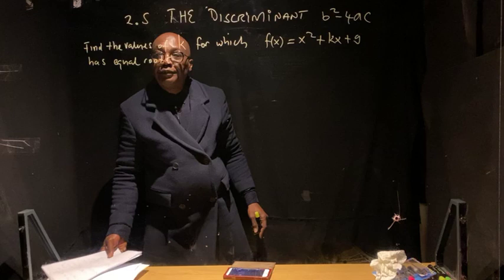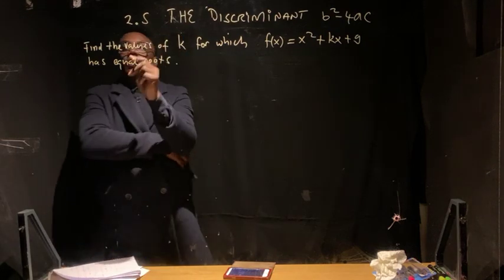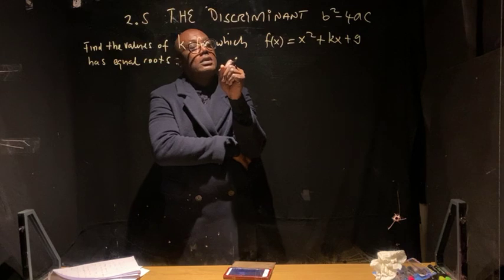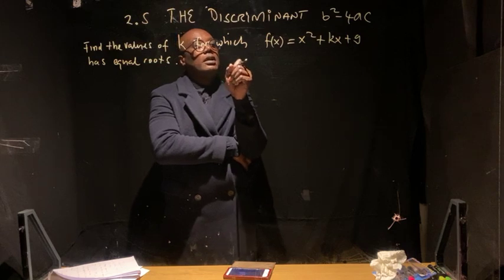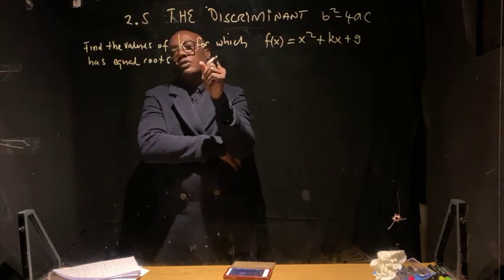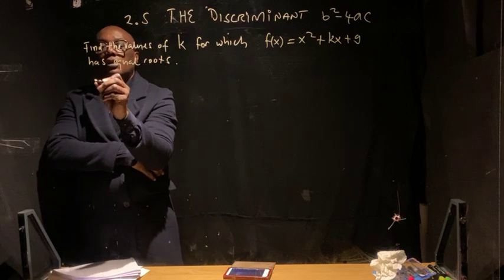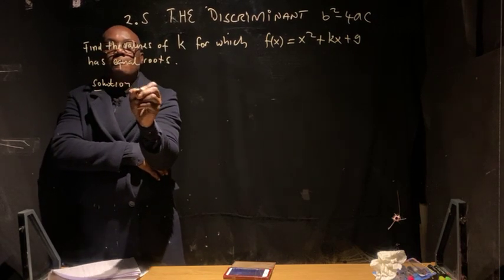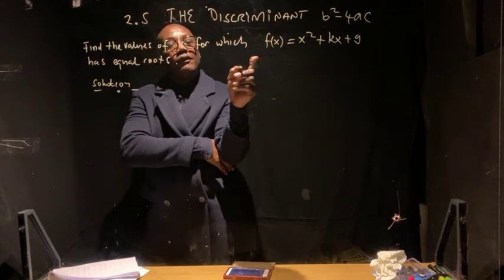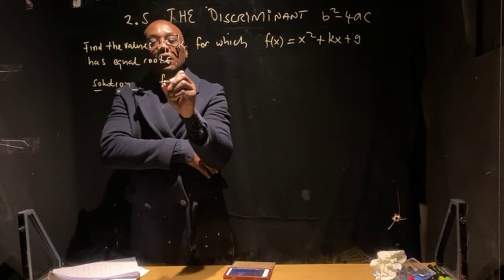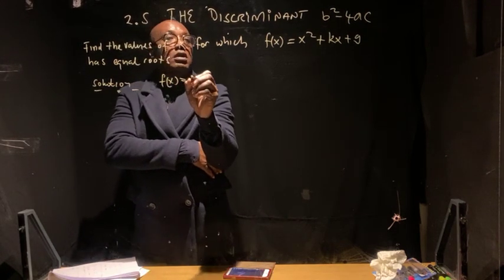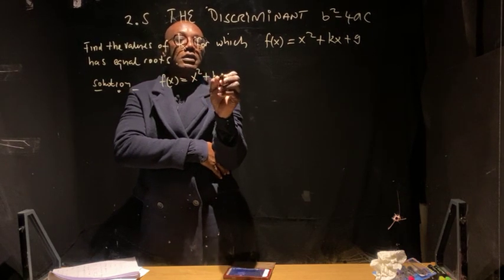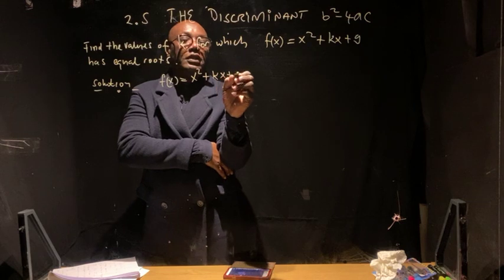Good. Find the values of k for which f of x equal x squared plus kx plus 9 has equal roots. Solution. We are given the function over there as f of x equal to x squared plus kx plus 9.